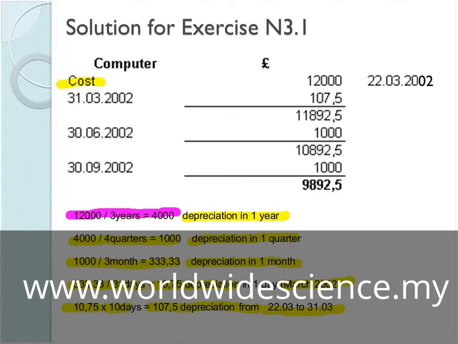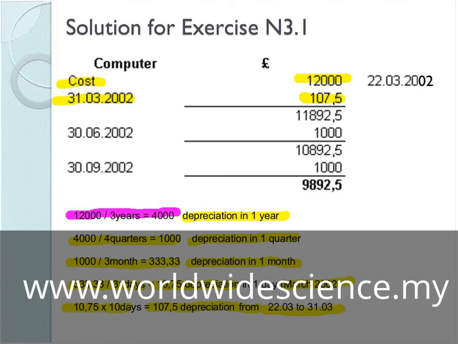Here, as given on the 21st of March, the depreciation will be 107.5 USD. So first we show the total amount, which is 12,000, and then we show the depreciation which we calculated on the 21st of March, right?